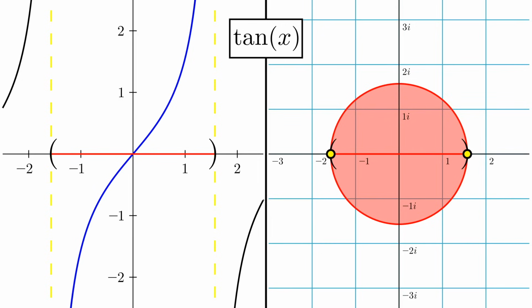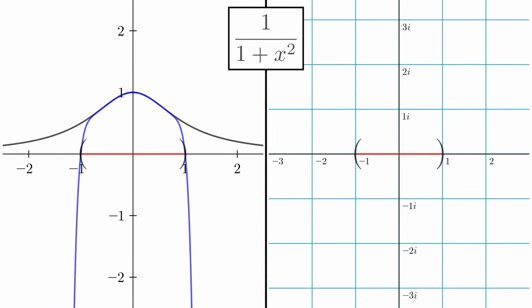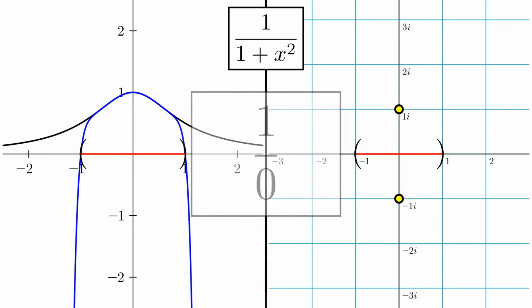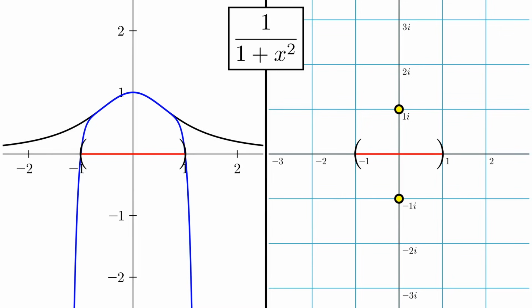On the other hand, 1 over x squared plus 1 actually has asymptotes at i and minus i, because if we were to plug i or minus i into this function, we would get 1 over 0. And so what we see happening here is that the region in which the Maclaurin series converges begins at 0 and then grows symmetrically around it until it hits the first singularity.